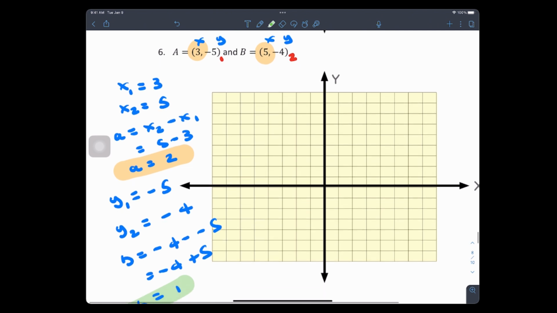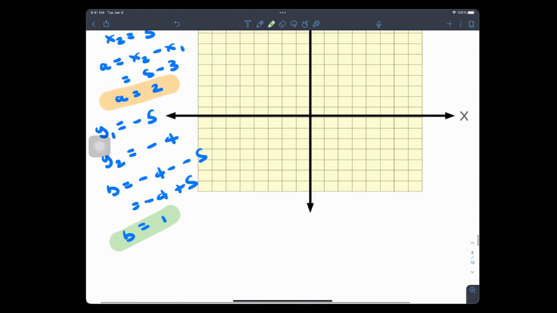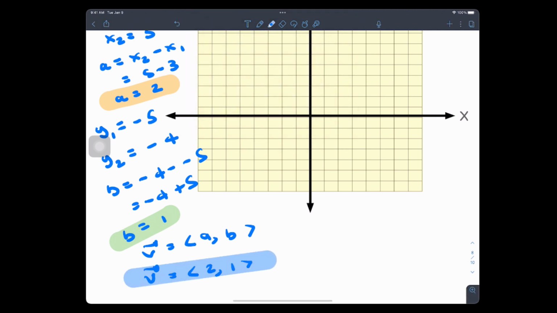So we didn't graph this. We will, but we know the component form. Definition is AB. Okay. 2, 1. This is the component form of a vector. But it's not the graph, but we're going to graph it. But I want you guys to see the arithmetic first, these definitions.